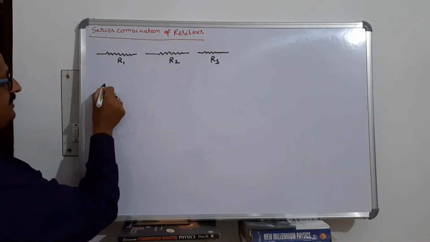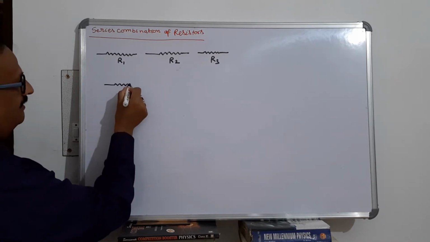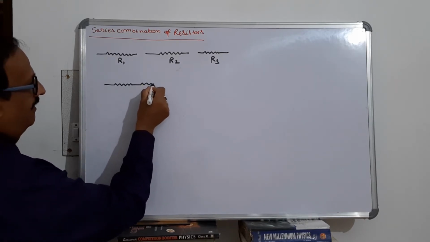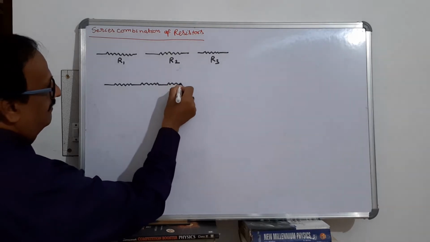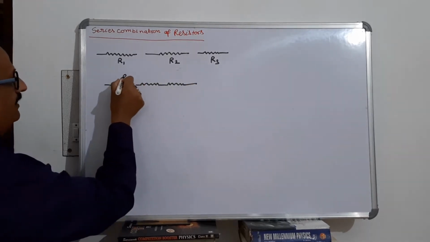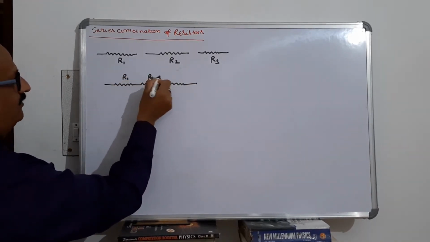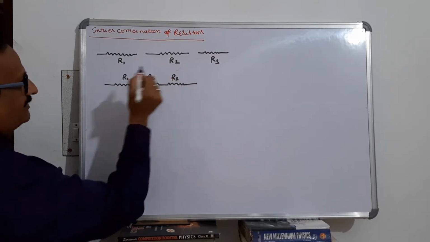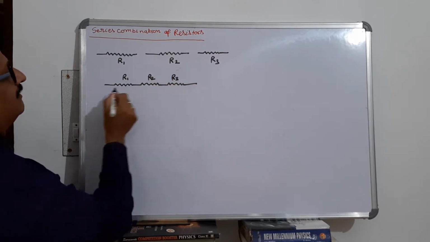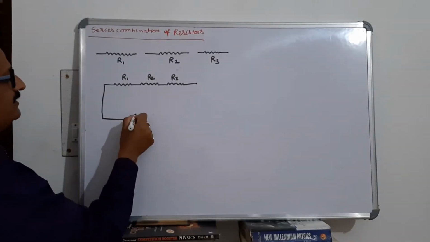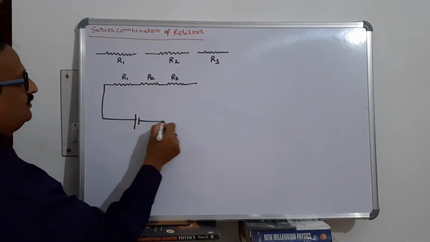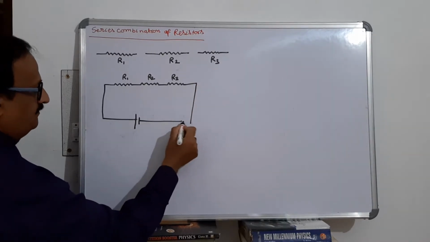Now these three resistors are connected in series like this. R1 connected to R2, R2 connected to R3. Now this combination is connected across an external cell whose terminal potential is V.